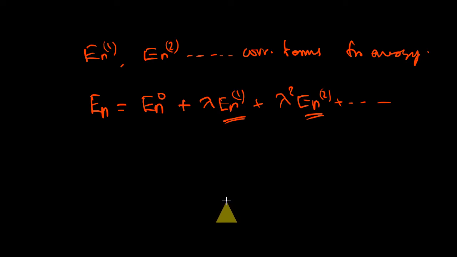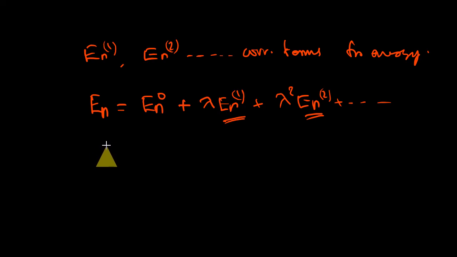So in perturbation method we will find the correction terms for wave function and energy, and these correction terms will be added to the corresponding wave function and energy of the unperturbed system, so that we get the energy or wave function of the perturbed system. And I will explain how we calculate these correction terms.